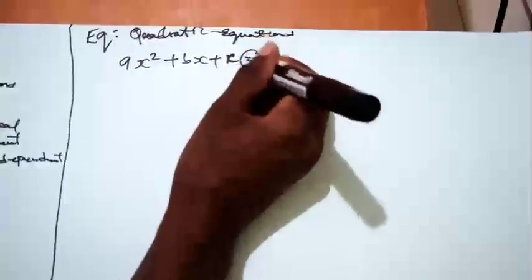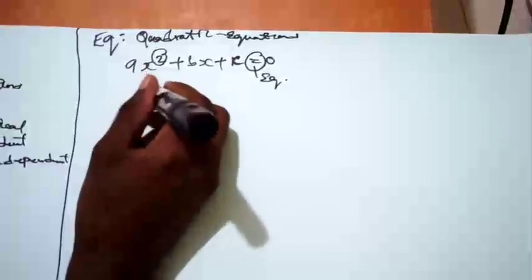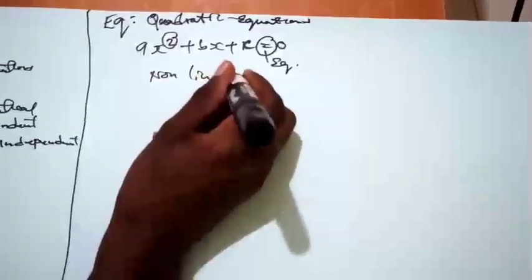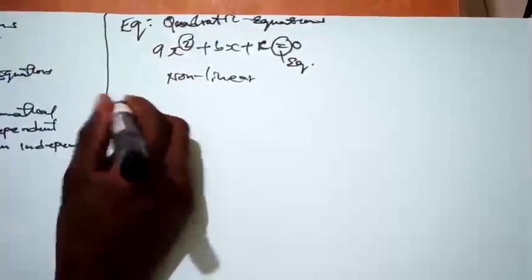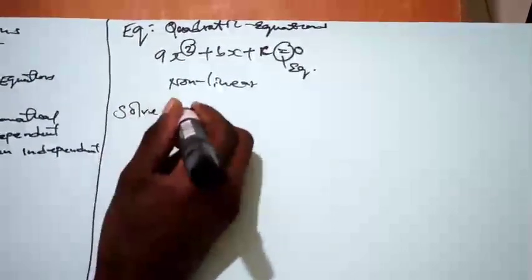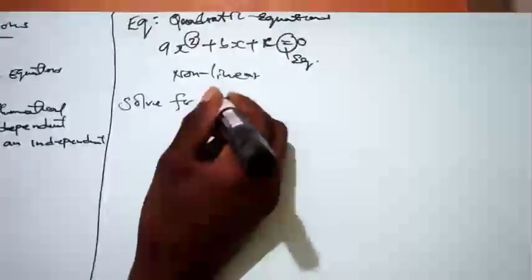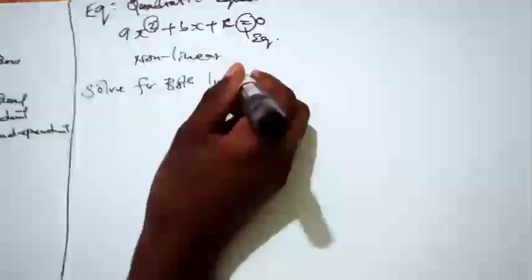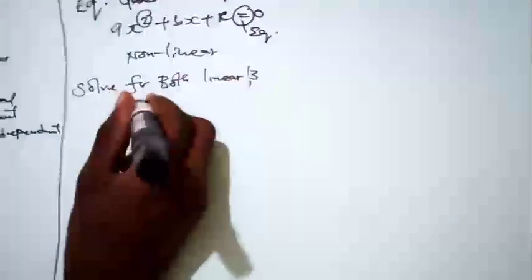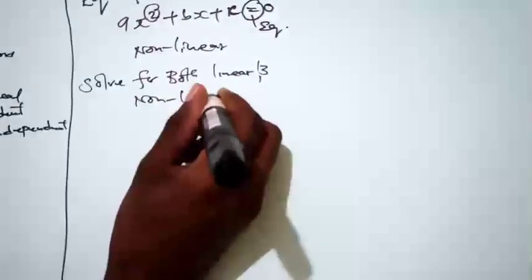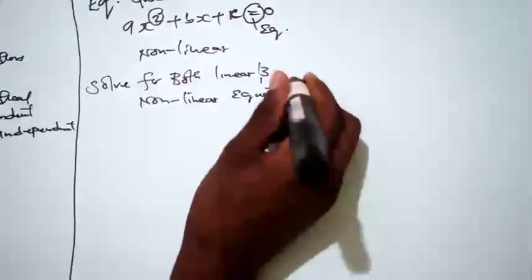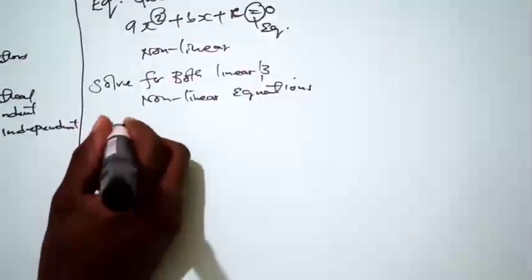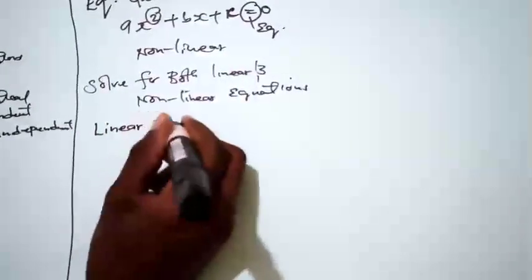Because of the equal sign, it is an equation, and because of this power, it is a nonlinear equation. So what we are supposed to understand is how to solve for both linear and non-linear equations. So let us start with linear equations.